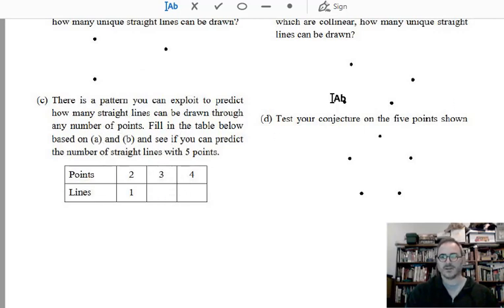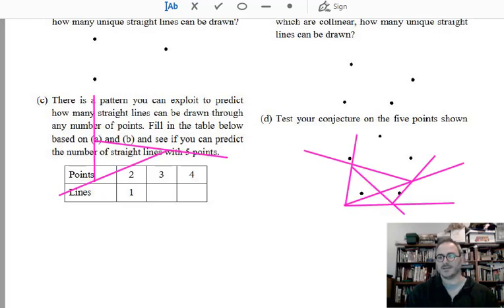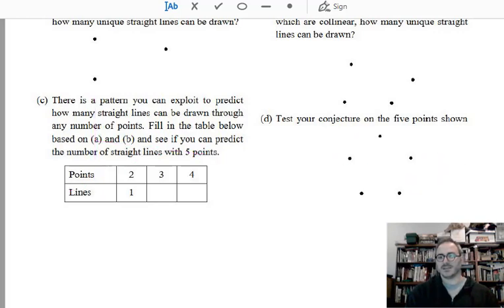Sorry, I have to get better at this technology. Sometimes technology doesn't like to play well with different parts of the other technology. All right, with 3 points I can draw 3, but with 4, I can draw 6. All right, are we starting to see a pattern here yet?